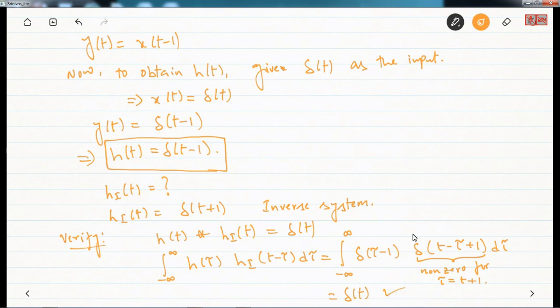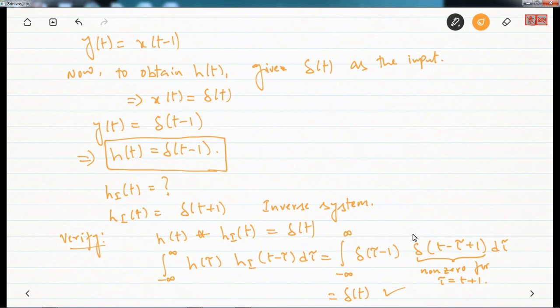An invertible system is one which provides a one-to-one mapping between its input and output, or distinct inputs lead to distinct outputs. So whenever a system provides distinct outputs for distinct inputs, we call such a system an invertible system. And how do we find the inverse system?